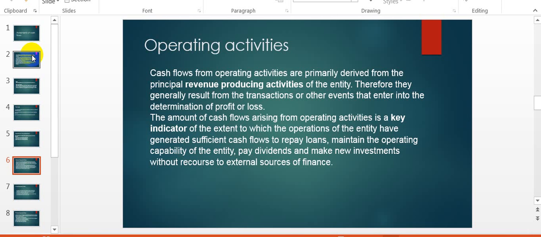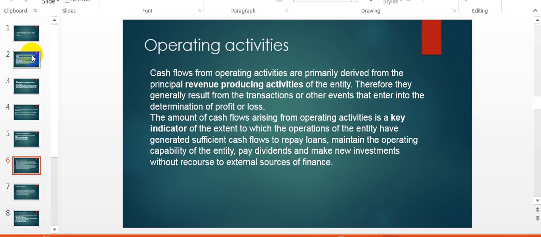Now, before you bring that interest you took out under the operations, you need to check your statement of financial position. If there is any finance costs in the statement of financial position, then you have to do a working.